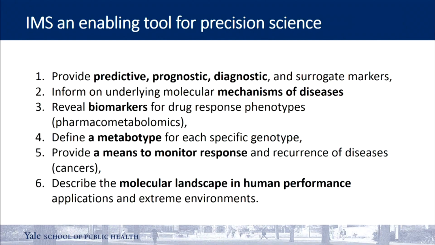So why tissue imaging? It provides predictive, prognostic, and diagnostic and surrogate markers, informs the underlying molecular mechanisms of disease, reveals biomarkers, especially for drug responses and phenotypes, and defines a metabolotype or metabotype for each specific genotype.